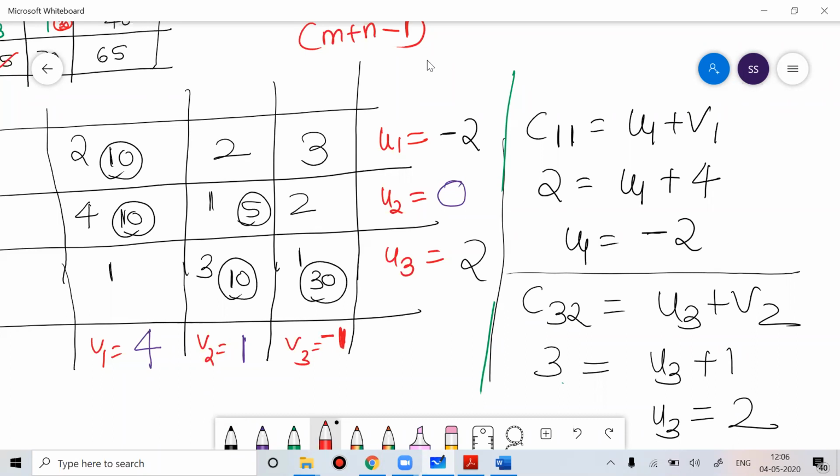Once I find the value of U3, I can find the value of V3 also. Everyone understanding?